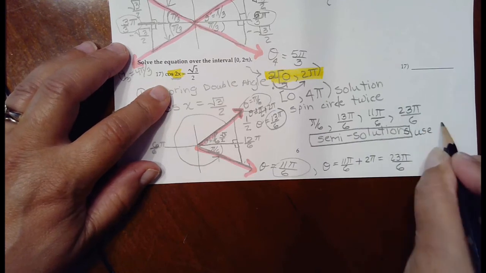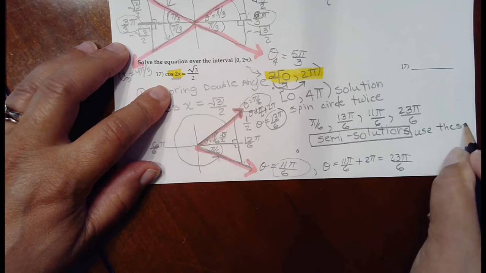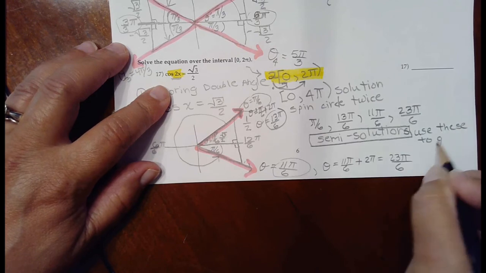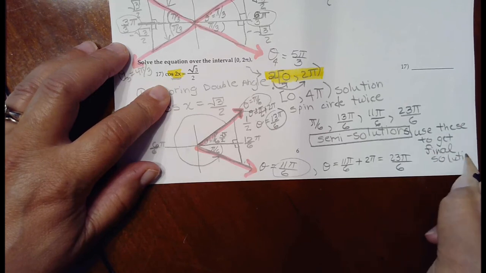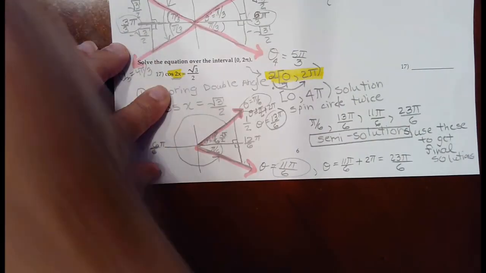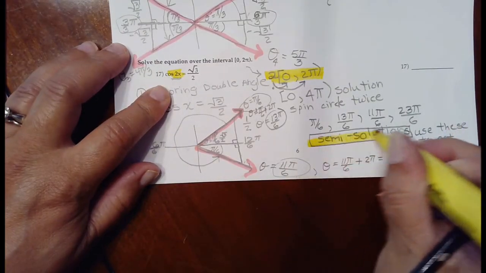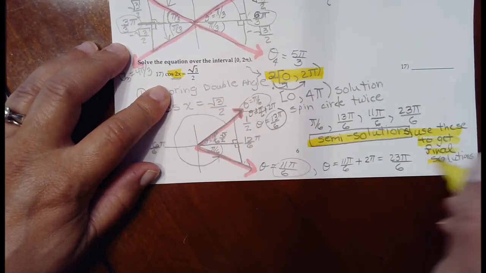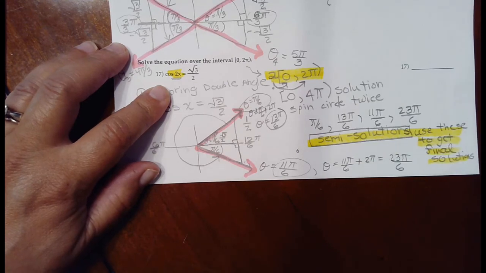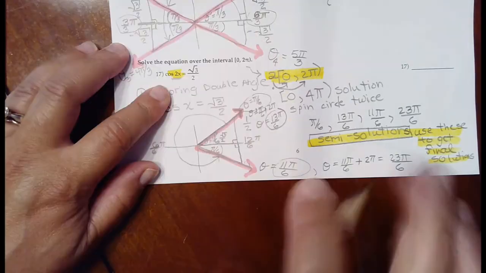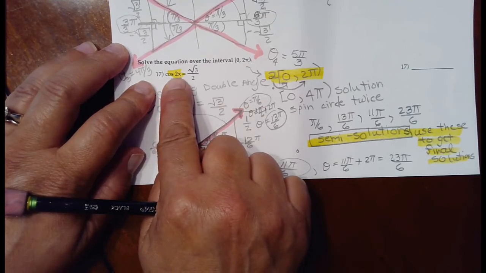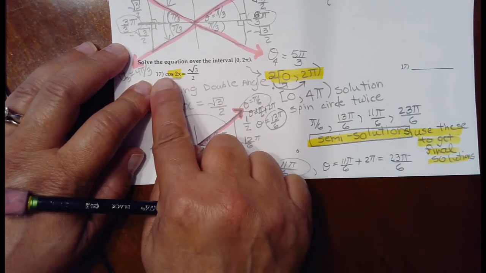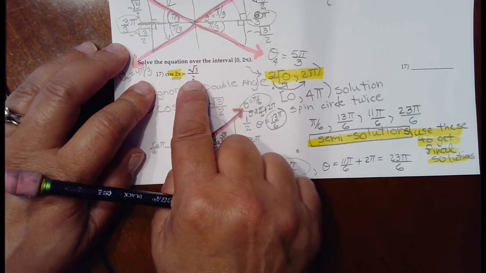Okay, on the back, you're going to see me figuring out what this has to be with respect to 2x. If you want to know what you could take the cosine of and get square root of 3 over 2, make this equal to each one of these angles to get each of the 4 final solutions. So we have a pi over 6, an 11 pi over 6, a 13, and a 23. I'm going to finish that on the back. You're going to be using each of these angles set equal to 2x to get the final answer.